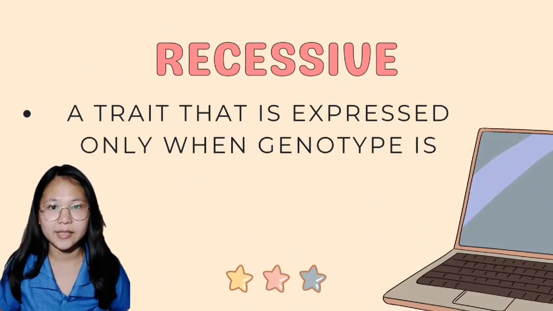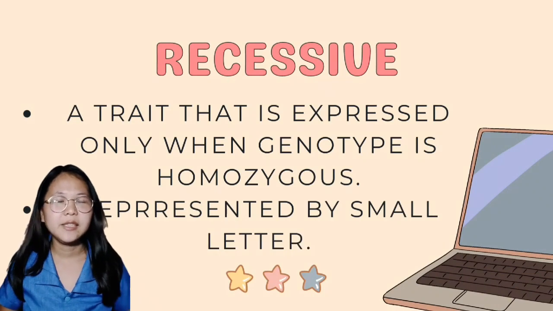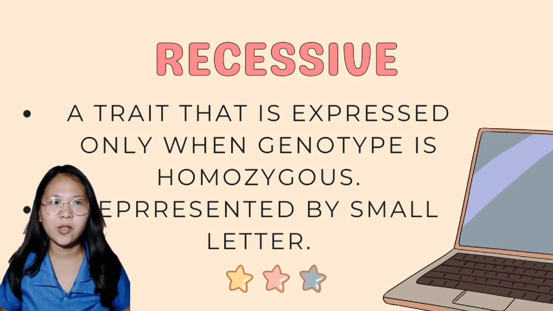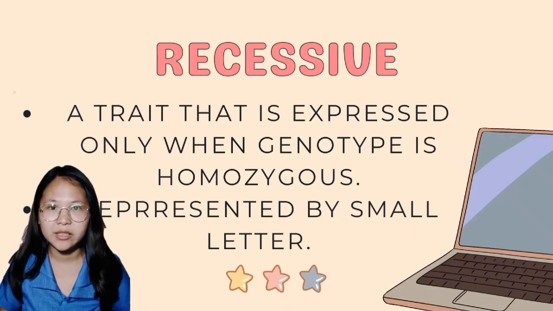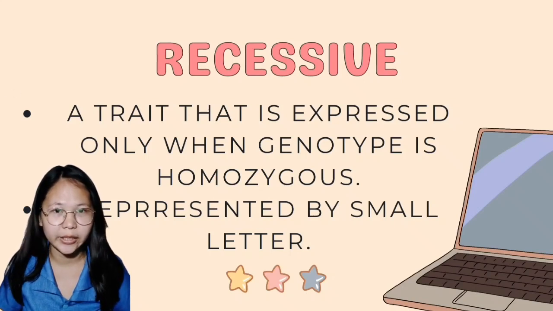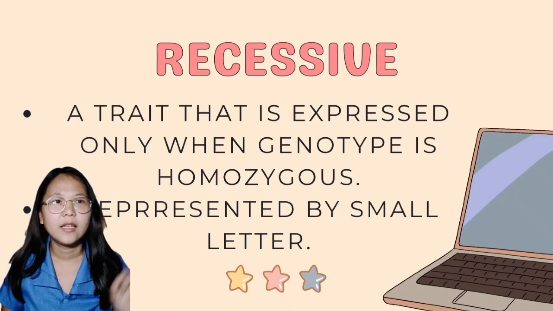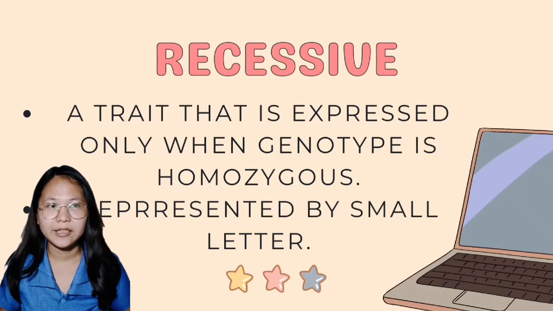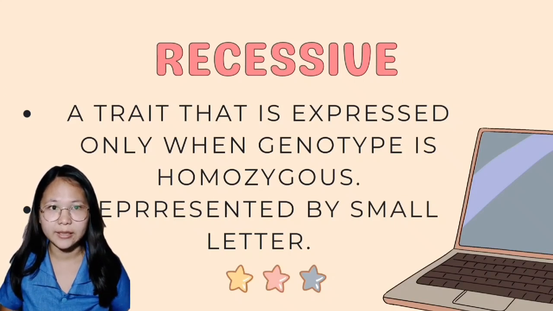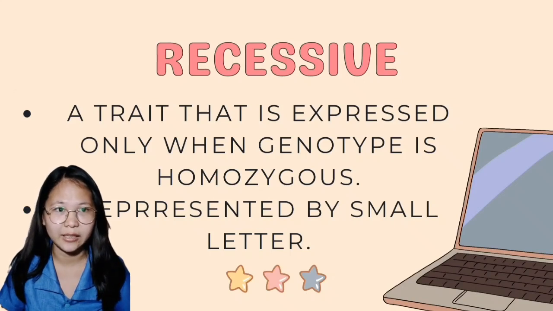Next is recessive. Recessive is a trait that is expressed only when the genotype is homozygous, and it is represented by a small letter, any small letter. Recessive traits are hidden by the dominant traits but can be seen if there are two recessive genes together.